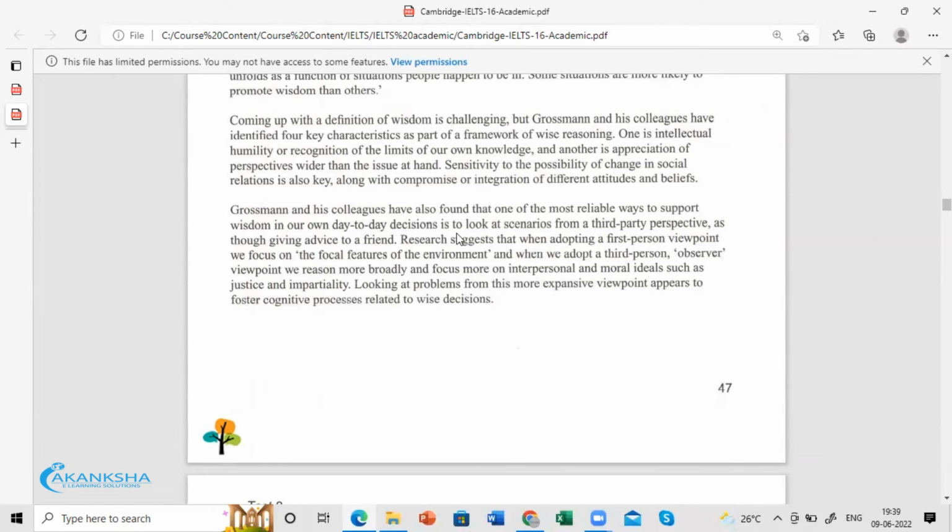To support wisdom is to look at scenarios from a third party perspective, as though giving advice to a friend. Okay, and we focus on focal features of environment to adopt third person. We reason more broadly and focus more on moral ideas, justice and impartiality.